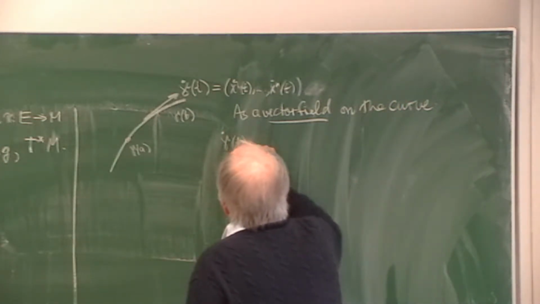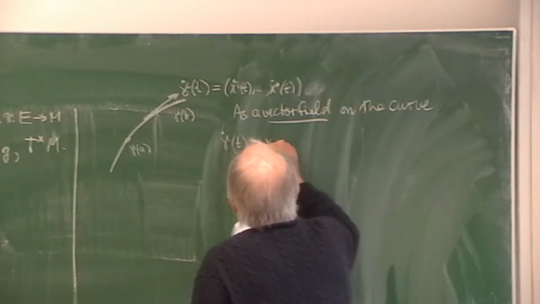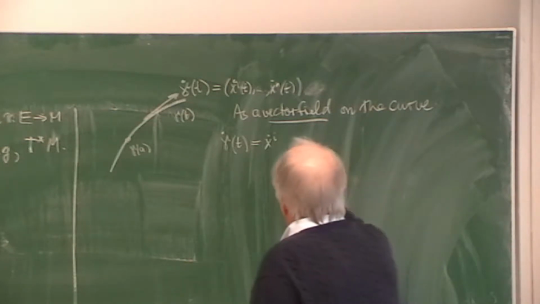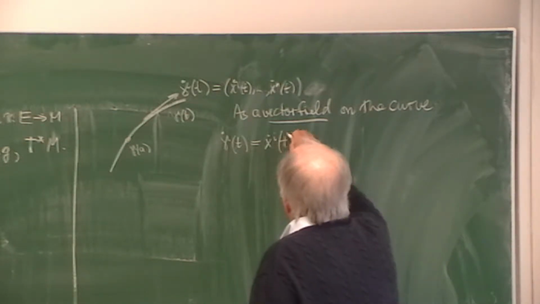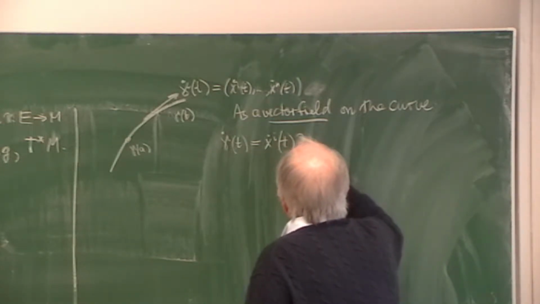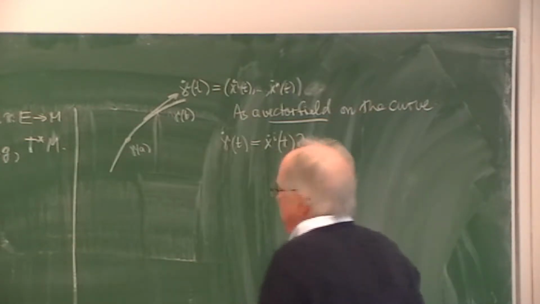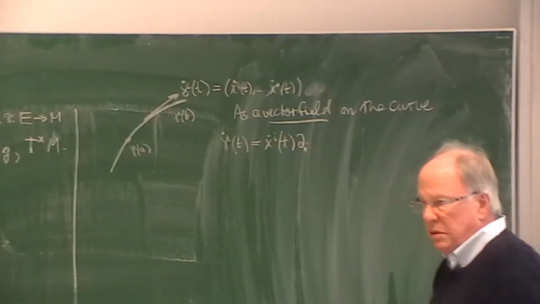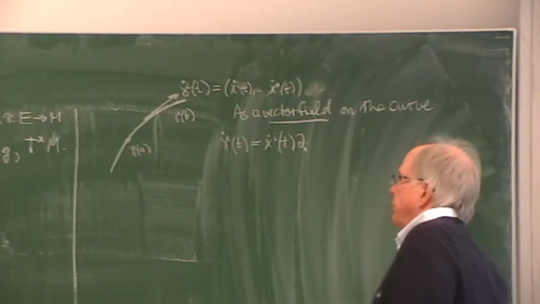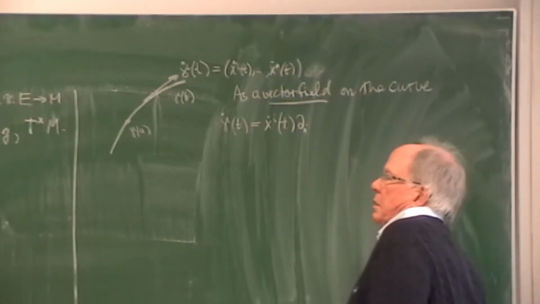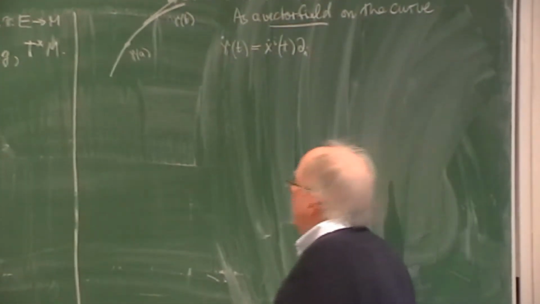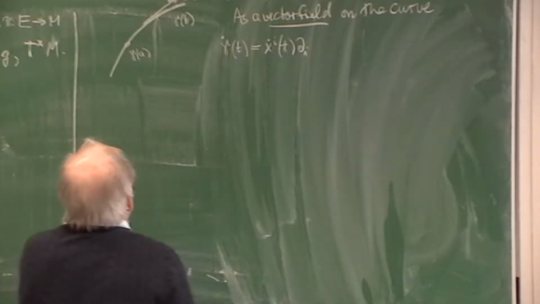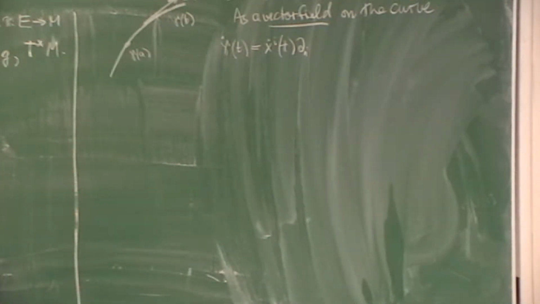Gamma dot of t then is the usual thing, x dot i of t d_i, and now we drop the summation sign always. That's the short notation. Okay, so that's a vector field along this, the velocity vector field along there.